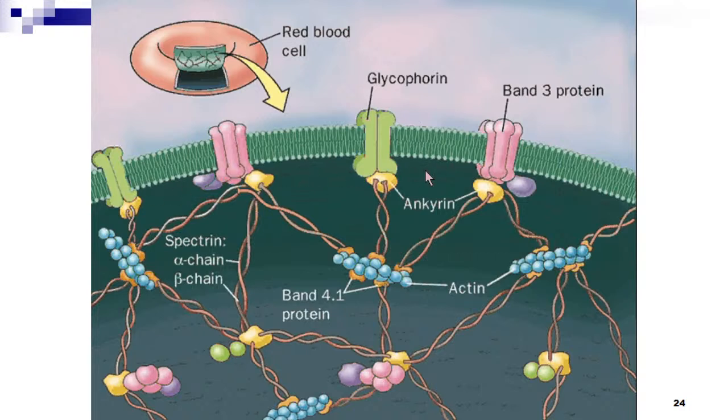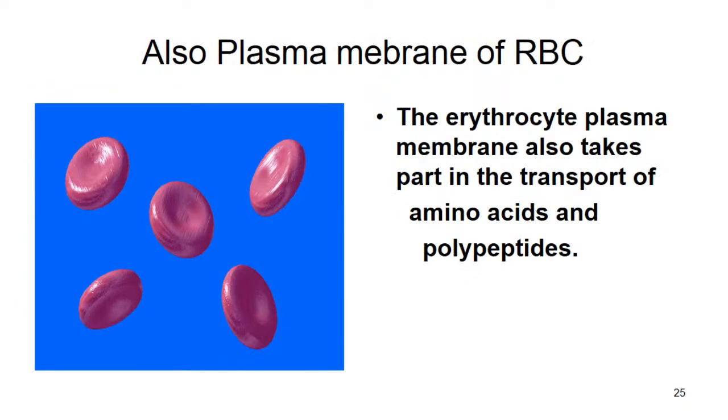The internal surface of the membrane contains these proteins: spectrin, ankyrin, band 4.1 proteins, and actin. That is the cytoskeleton of red blood cells, which supports the biconcave disc shape of these cells. With time, degradation of proteins, especially spectrin, starts some changes of shape. Also, the plasma membrane of red blood cells transports amino acids and polypeptides.